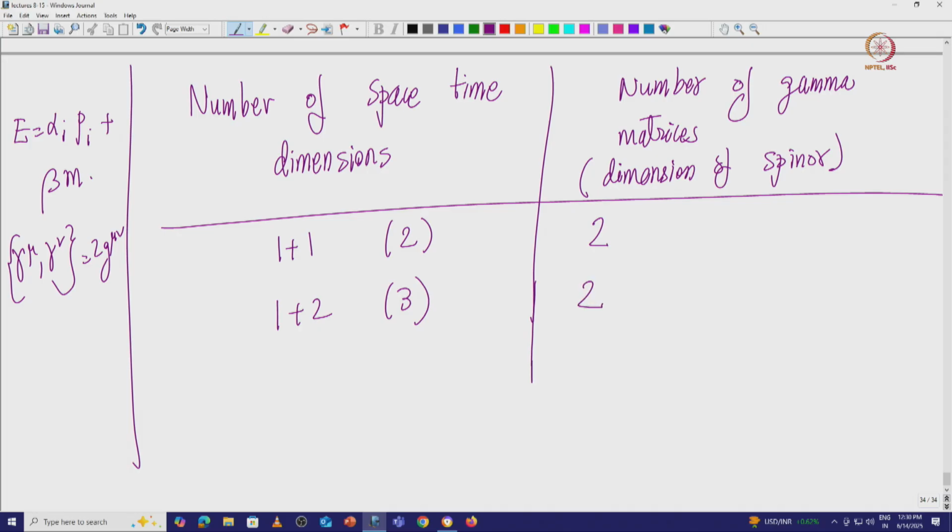Now, if we have 4 dimensional space-time, which is essentially what we are dealing with, the number of gamma matrices you have is 4.